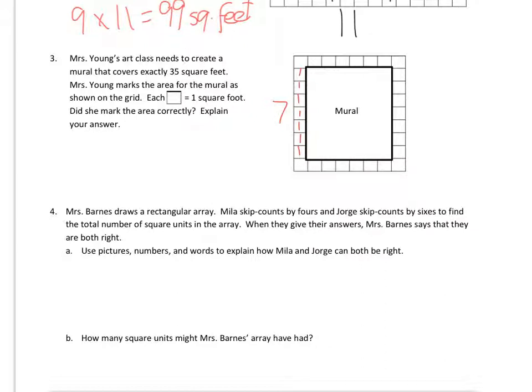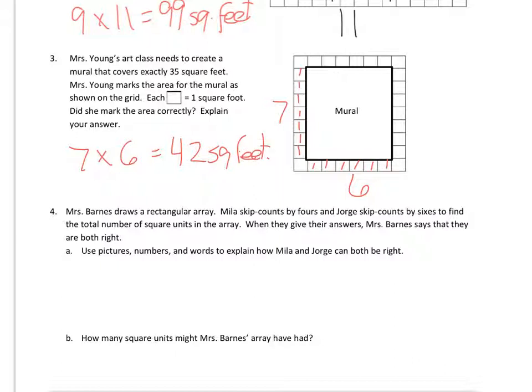And this one will count down now. 1, 2, 3, 4, 5, 6. So we have 6. One has a length of 7 and one has a length of 6. 7 times 6 equals what? If you know your math facts, you know it's 42 square feet.